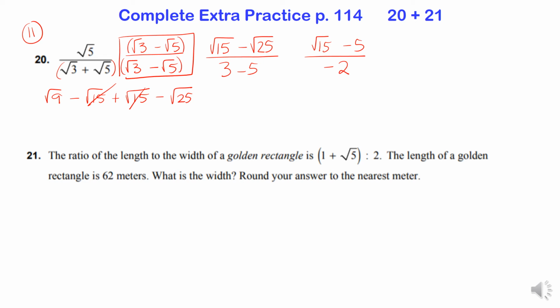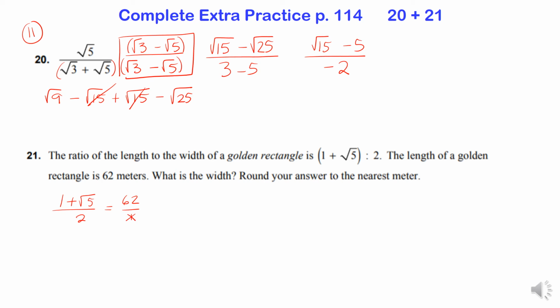Okay? So the ratio of the length to the width of a golden rectangle is this. The length of the golden rectangle is 62. What is the width? So I'm going to set up this ratio. I'm going to cross multiply. So this is x, sorry, that's x.